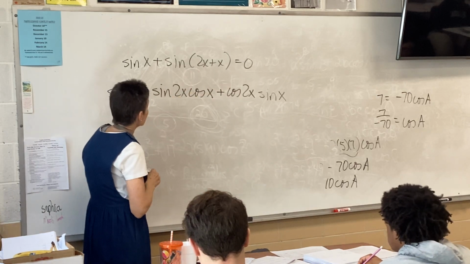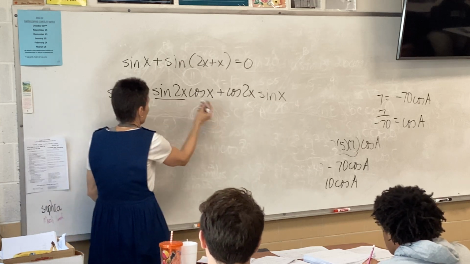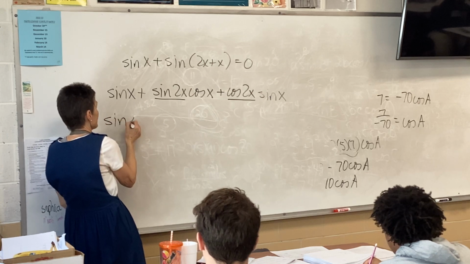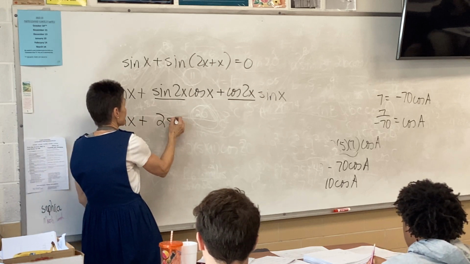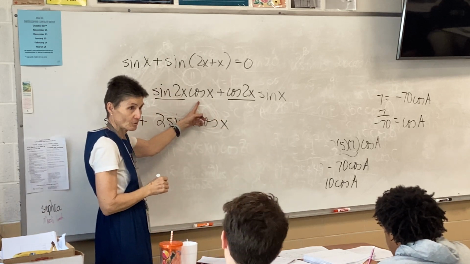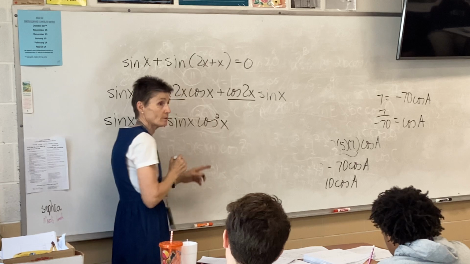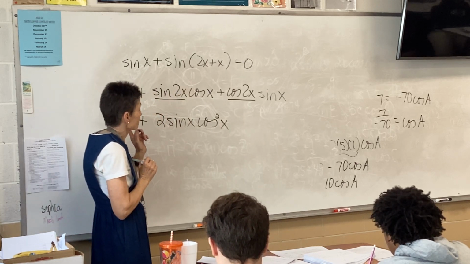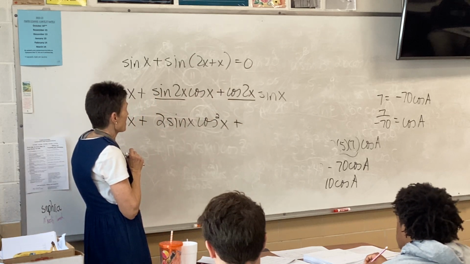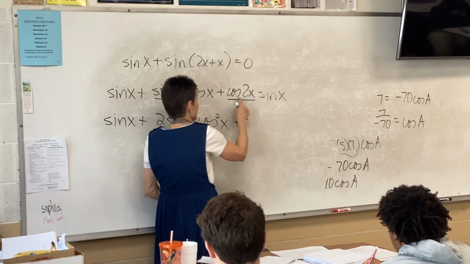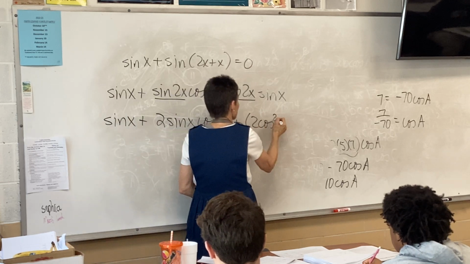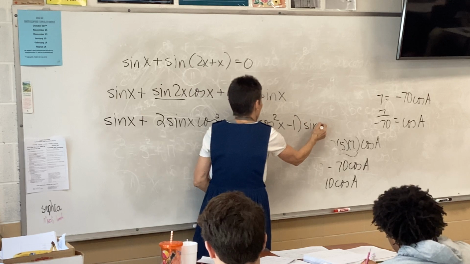Okay? Now, I've got to deal with these guys. This one I don't have a choice. That one is 2 sine cosine, but it's times another cosine, so I'm gonna go ahead and make that squared. And then that one, when I see this cosine squared here, I think I'm gonna change that into 2 cosine squared minus 1.